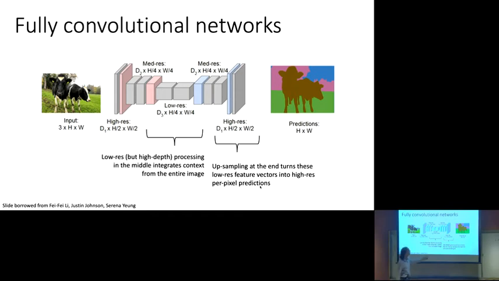But then you need to do some kind of upsampling at the end, where you interpolate these low-res things into high-res predictions. And that's the challenge. We've talked a lot about how to downsample, but not how to upsample. So the question becomes, how do you do upsampling?